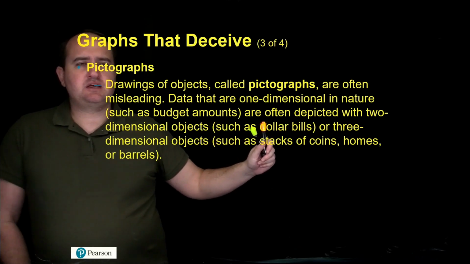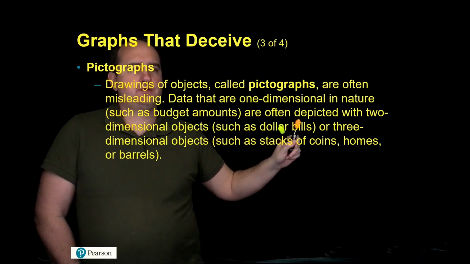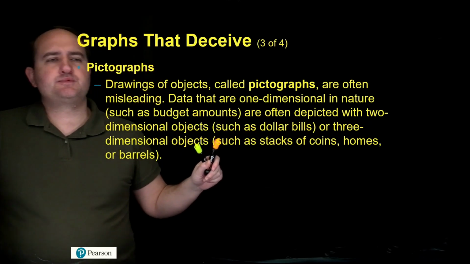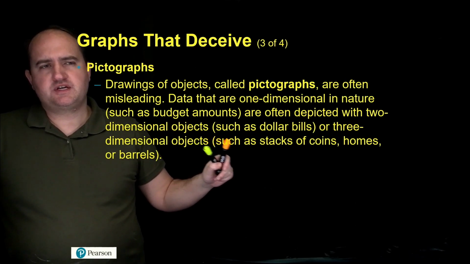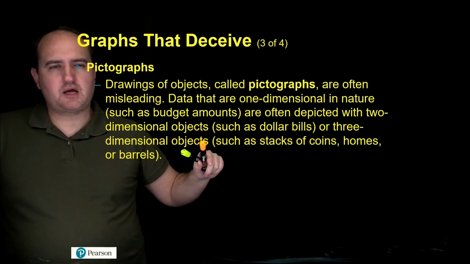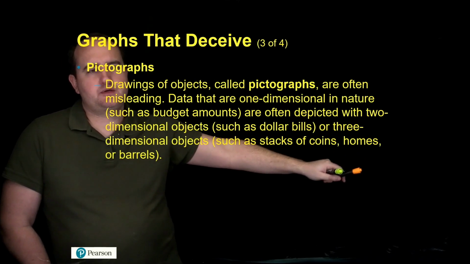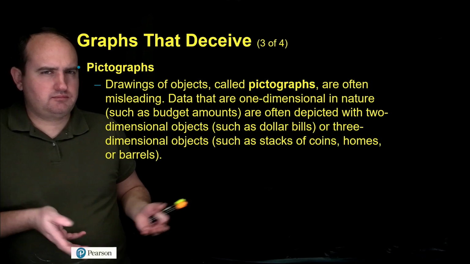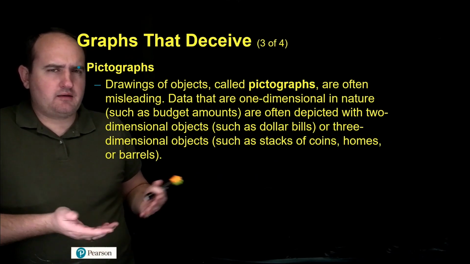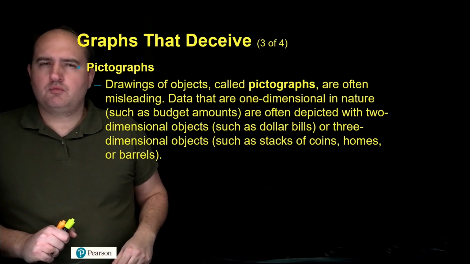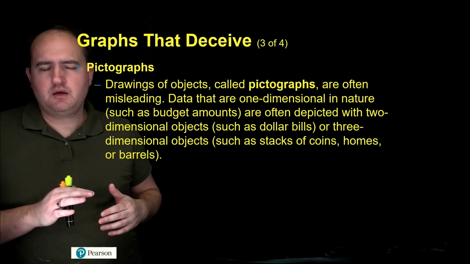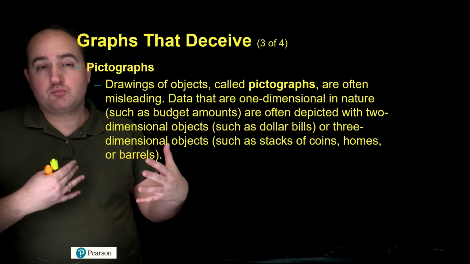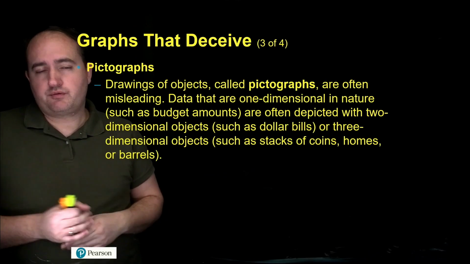But we're depicting those one-dimensional numbers with two-dimensional objects, such as dollar bills, or three-dimensional objects, such as stacks of coins, homes, or barrels. So you might be thinking, well, what's wrong with that? I don't see anything wrong with that. Well, the problem is just the way area and volume work in the real world.